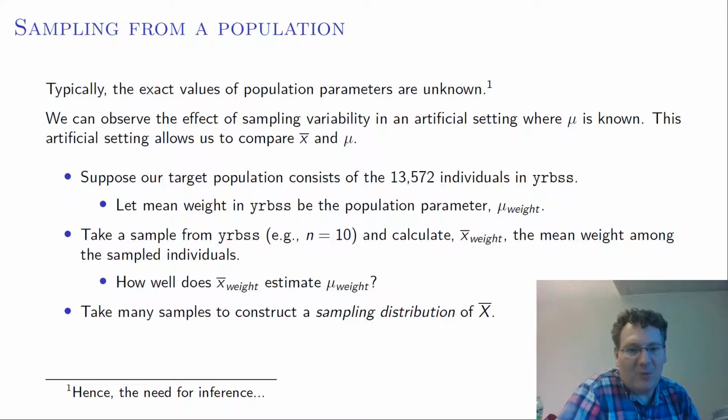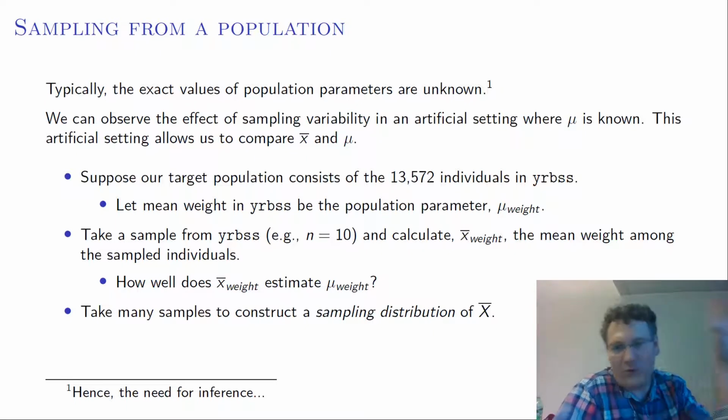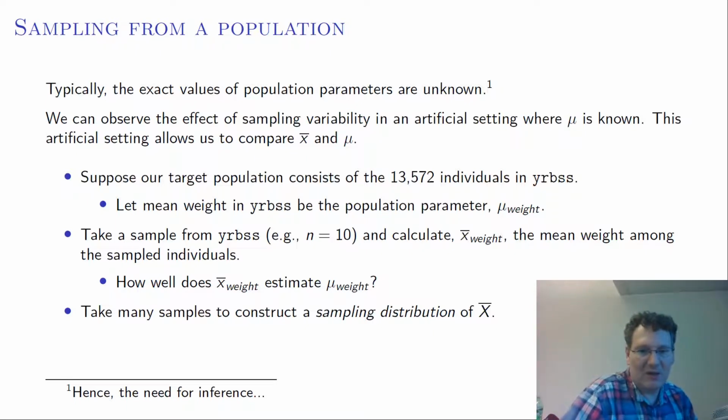And what we can do is look at how far away the average from these little samples is from the average weight of the whole population, and we can construct a sampling distribution. Now, there's actually theory about the sampling distribution, but we'll develop some intuition about that from simulation first.